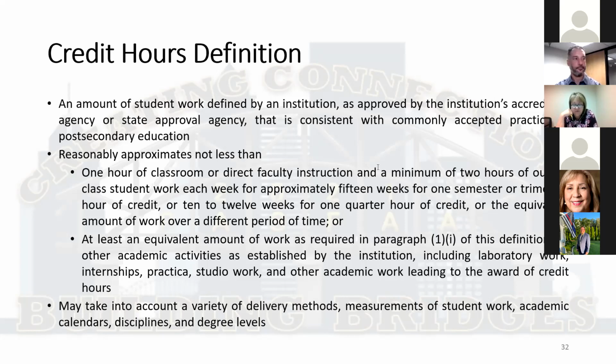At least an equivalent amount of work as required in the first paragraph of the definition for other academic activities as established by the institution, excluding laboratory work, internships, things like that. You may take into account a variety of different delivery methods and measure the students' work, academic calendars, disciplines, and degree levels.